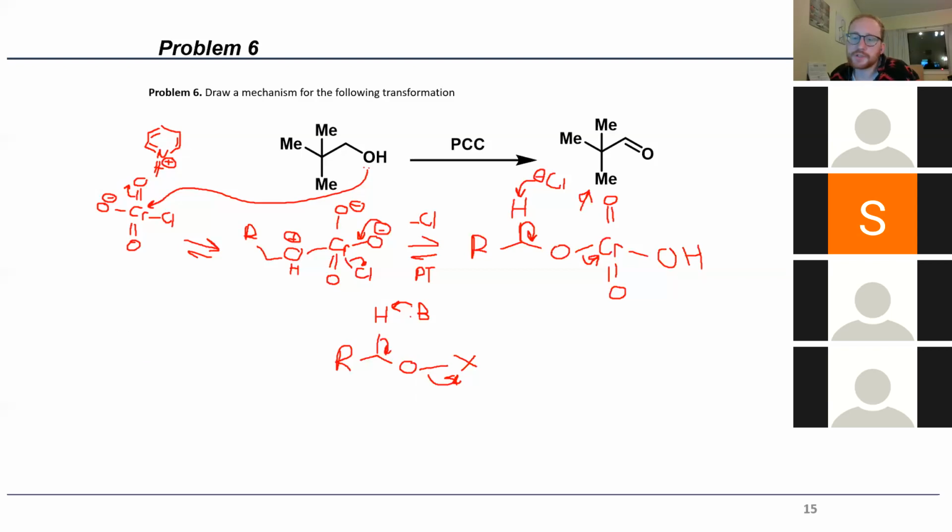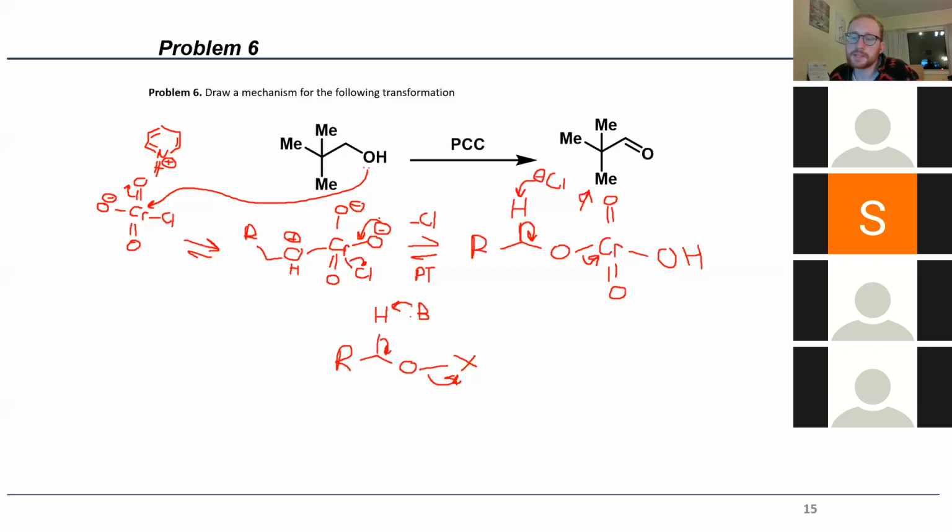Okay, and so I saw a question in the chat, which is, when the alcohol attacks, why doesn't it just kick out the chloride? The answer is, I don't know the best way to say this, but we just observe that it doesn't.